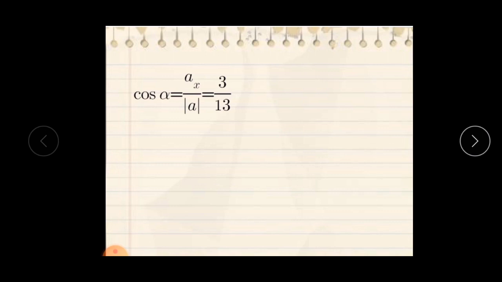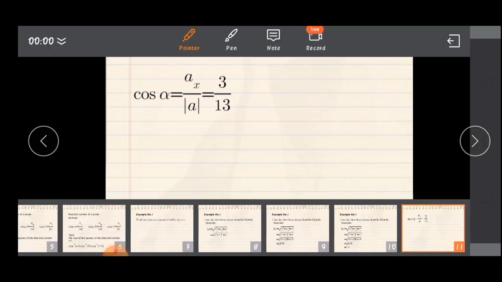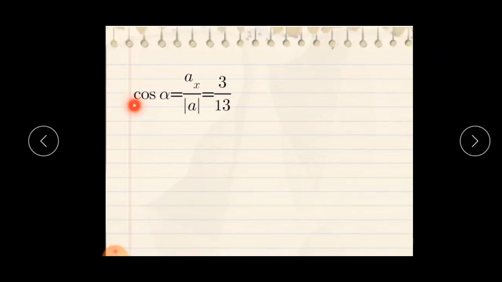And now, we get the values of the direction cosines. Cosine alpha is equal to A sub x over the magnitude of A. We know that the value of A sub x is 3 over the magnitude of A, which is 13. So the value of cosine alpha is 3 over 13.